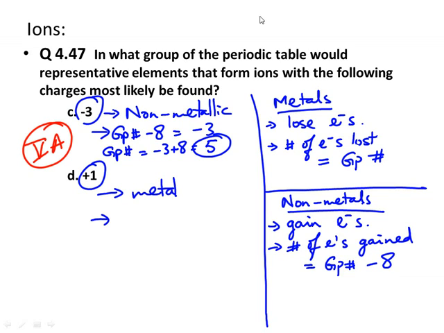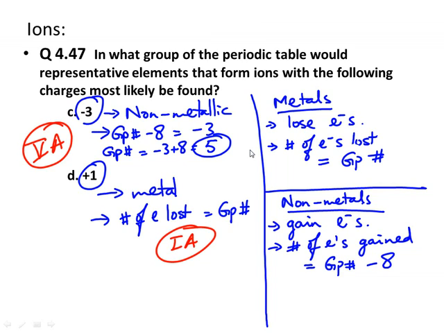If it's a metallic element and electrons were lost, the number of electrons lost equals the group number, which means that this element belongs to group 1A. So keeping these general guidelines in mind, the answers to these problems become very convenient to come up with.